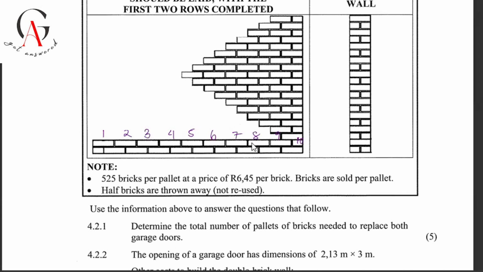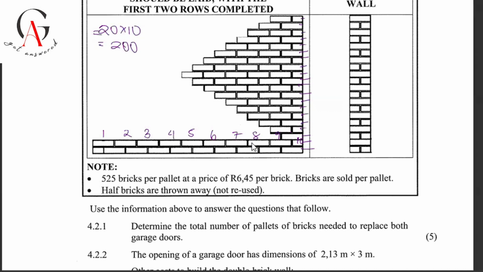So here we have 1, 2, 3, up to 20. So all in all, we need 20 bricks going up and 10 laid down.